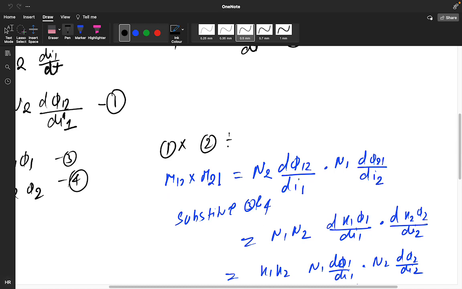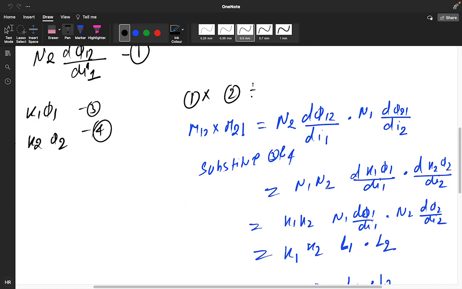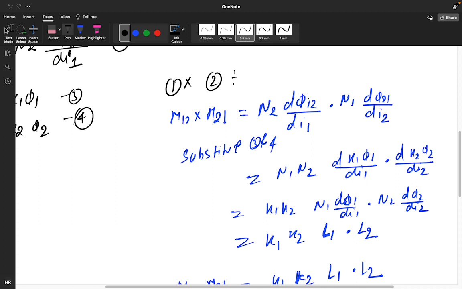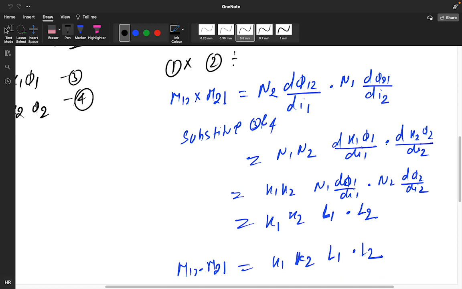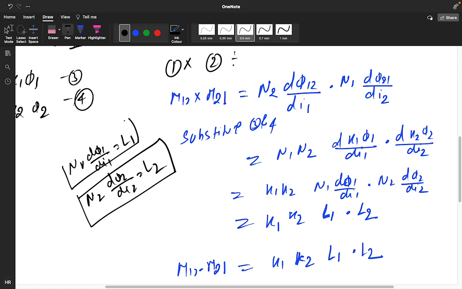M12 into M21, put the value, N1 into N2, put the value of phi 12. Phi 12 is nothing but K1 into phi 1, and phi 21 is nothing but K2 into phi 2. Bring this constant outside, you are getting K1 into K2, and this formula we know: N1 into d phi 1 by di1 is representing inductance, and N2 into d phi 2 by di2 is your other inductance.